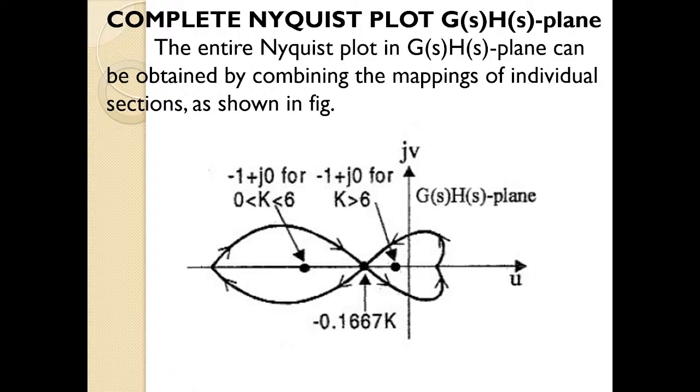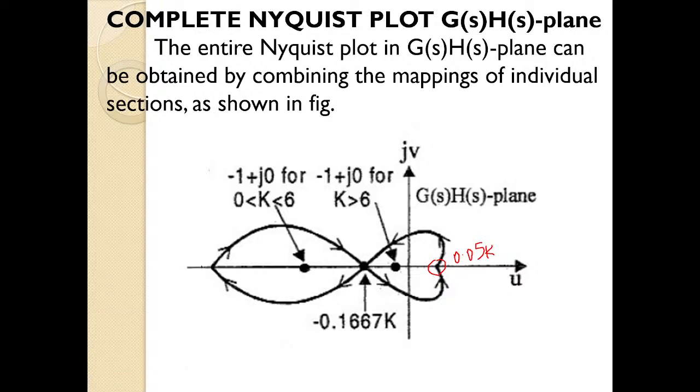This is our C1 contour. For C2, we got 0.05K. This point is 0.05K. I didn't write it here.